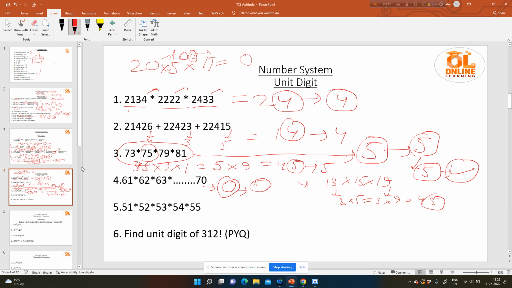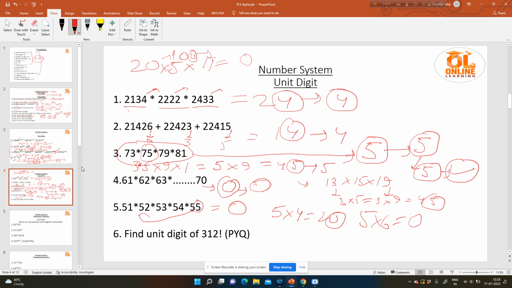And suppose 5 is also present and even a single even number is present, your unit digit will again always be 0. Because 5 into any even number, say 20, unit digit is 0. 5 into 6, unit digit is 0.